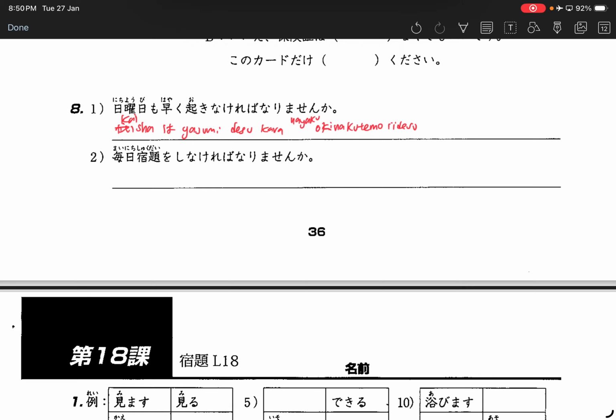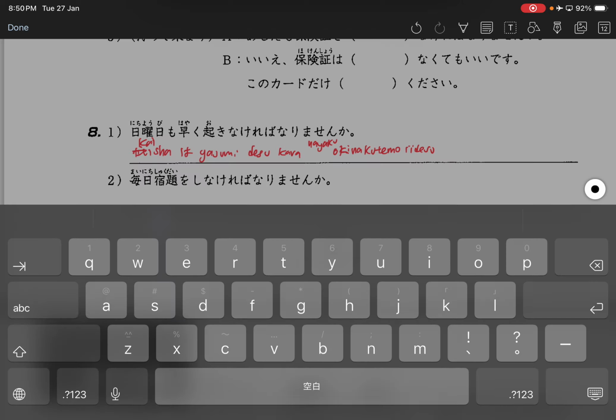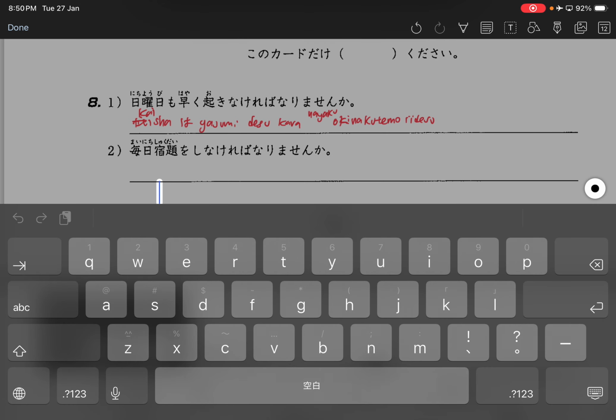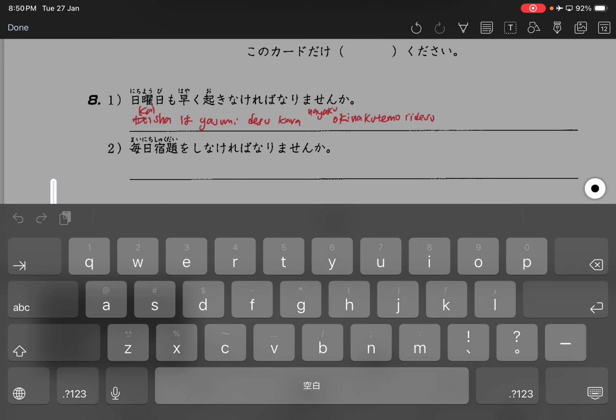Okay, then my number 2. 毎日宿題をしなければなりませんか。Yes, Jasmine. はい、毎日宿題をしなければ習いのことが全部覚えないよ。Why do you use such advanced grammar? The class hasn't learned the こと and the なければ yet, and you use both already. But okay, I'll give it to you.